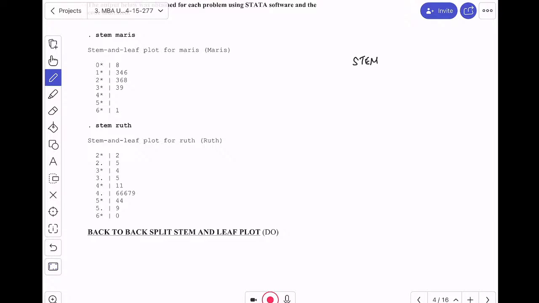All right, so I'm going to use 0, 1, 2, 3, 4, 5, and I have to go all the way to 6. On this side, I'm going to put Maris, and on this side, I'm going to put Ruth. These are going to be their leaves here.